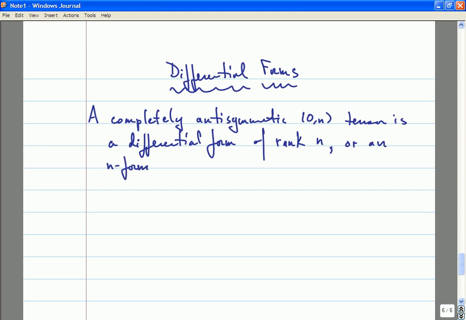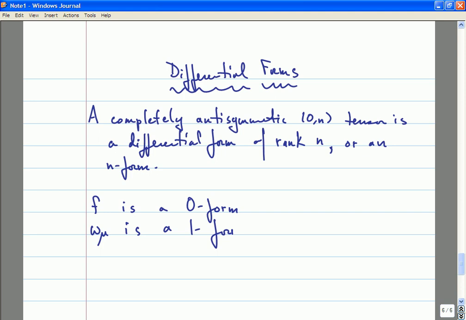So, for example, a scalar f is a 0-form. The object with one lower index that we encountered before is a 1-form.